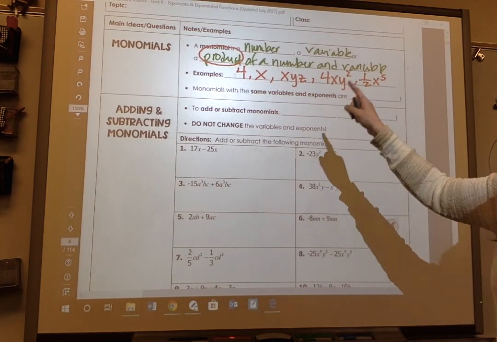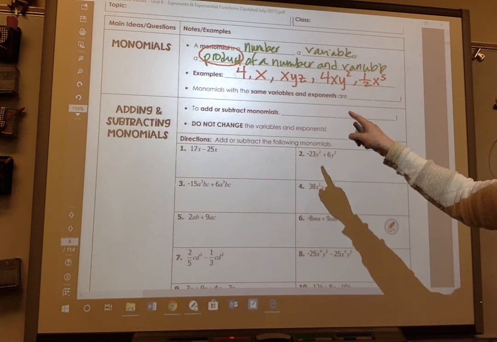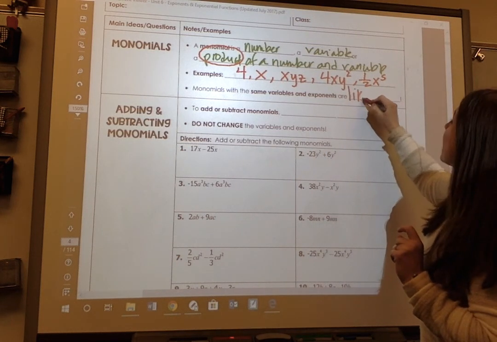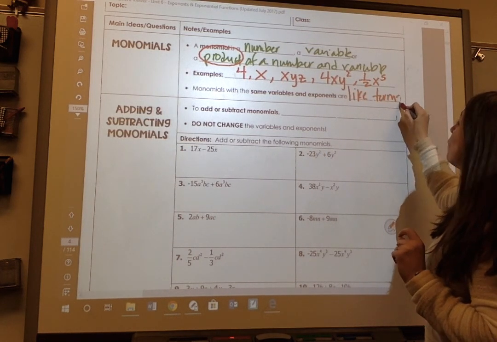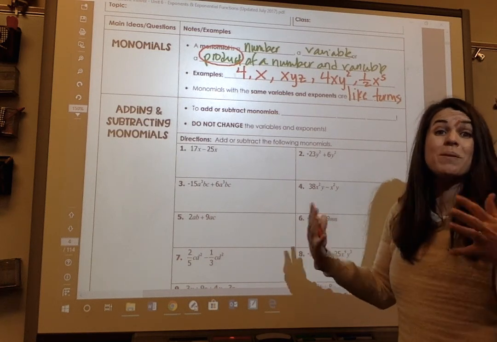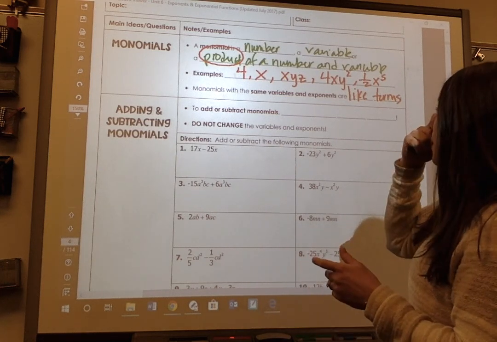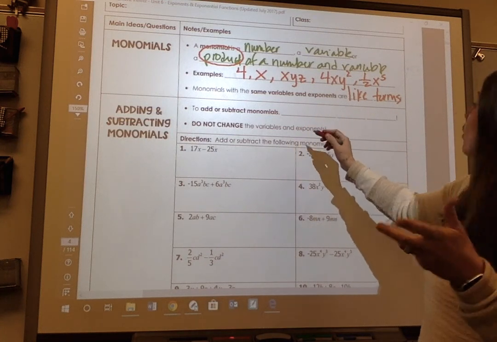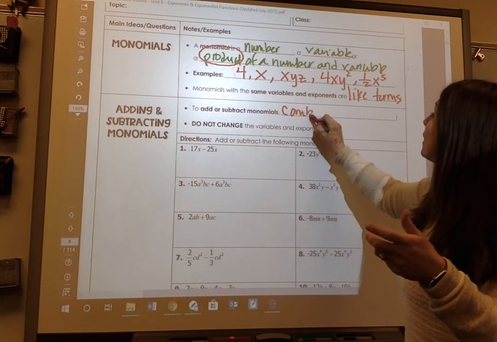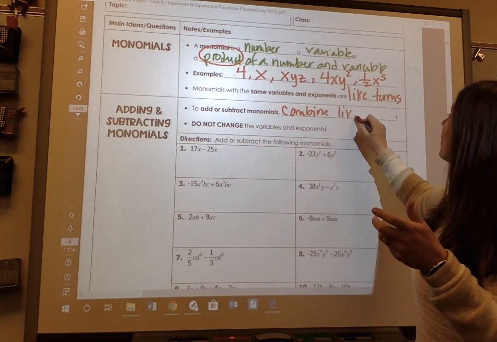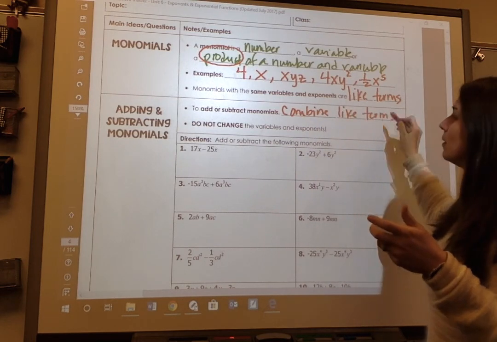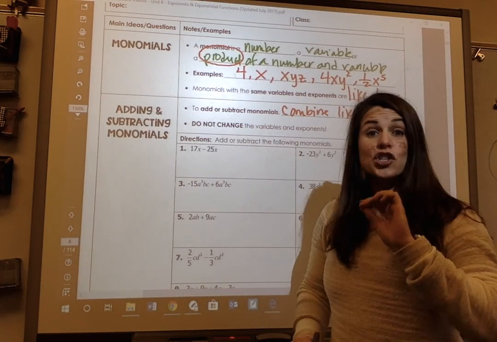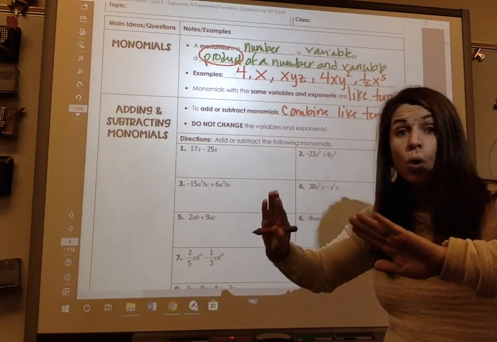So monomials with the same variables and exponents are called like terms. And we have already been over this earlier in the year, so it should be an easy concept to grasp. So when we add or subtract monomials, all we're going to do is combine like terms. We do not change the variable or the exponent.